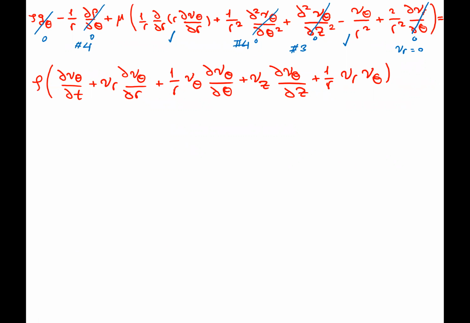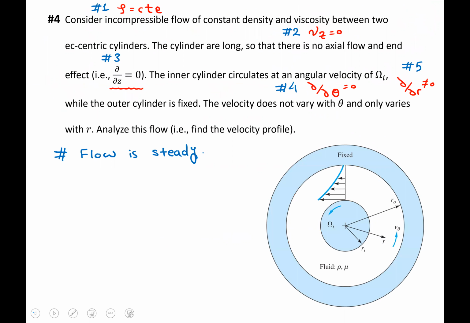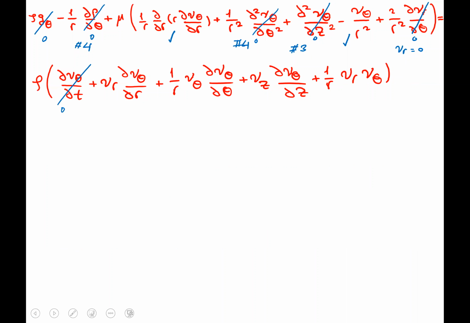And we found this through continuity equation. So I assume that the flow is steady, so we don't have any variation with time because flow is steady. And if we go back, this is number 6 actually. We say flow is steady. So this is 0 because of number 6.